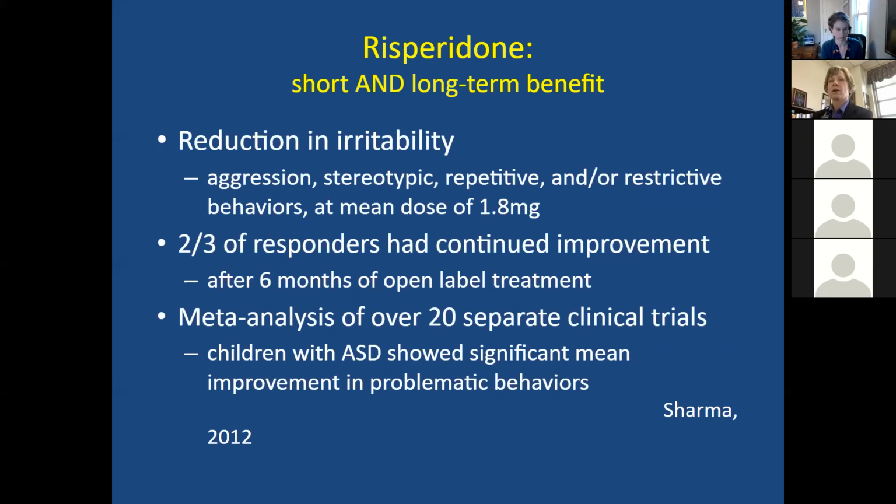This is the problem with some treatments, is they seem to help better in the short term sometimes than in the long term. But there was a meta-analysis looking at 20 separate clinical trials showing significant overall improvement. So additional data to support the benefit. Next slide.